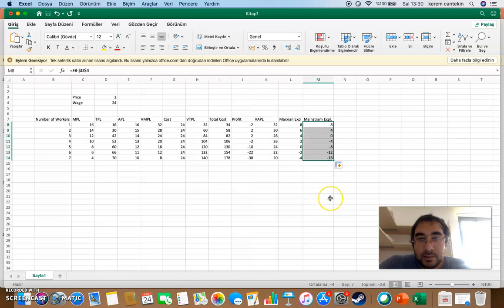Here it is. And it can get negative. Negative basically means that the workers are exploiting the capitalists, and positive means the capitalists are exploiting the workers. And in the case of 0, when the wage is 24 and 3 workers are hired, no one exploits no one basically.